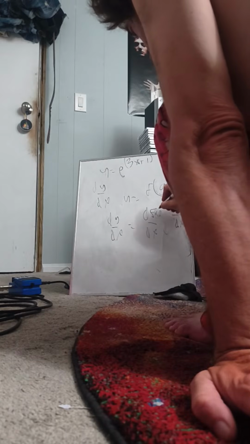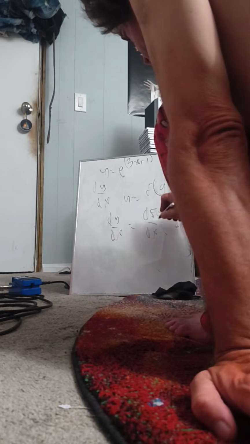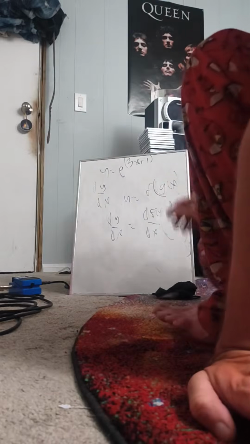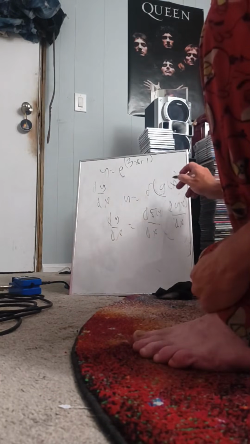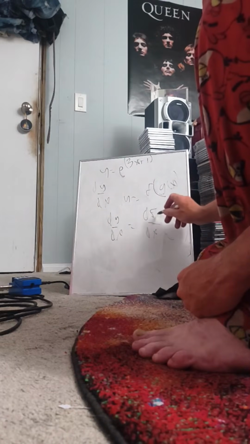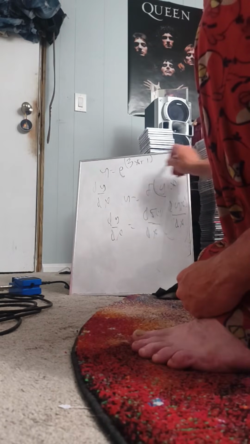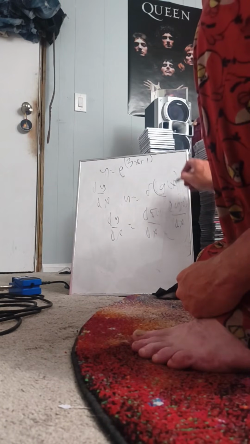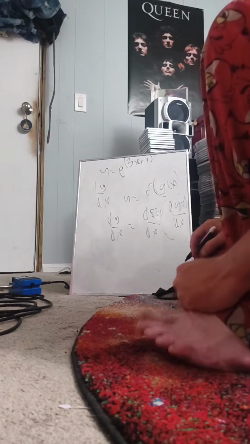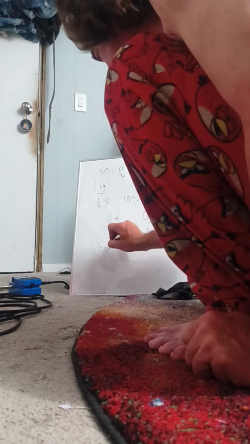So see that? If y equals f of g of x, a function of a function, then dy/dx equals df/dx, which is the derivative of the main function, times dg of x/dx, the derivative of this little function. That's called the chain rule.